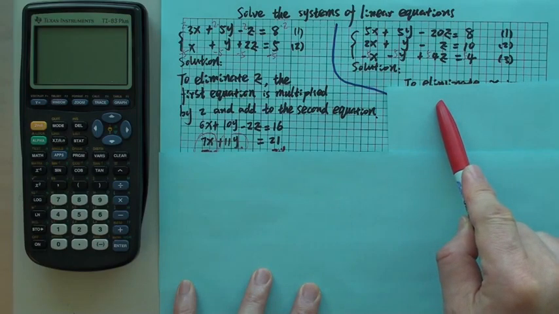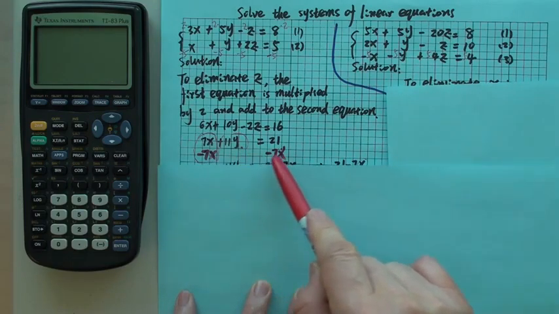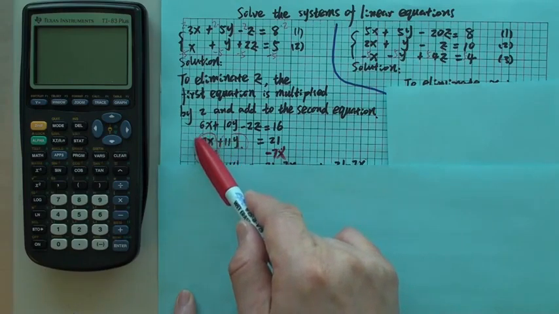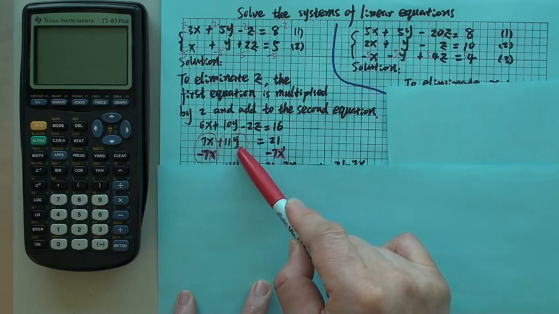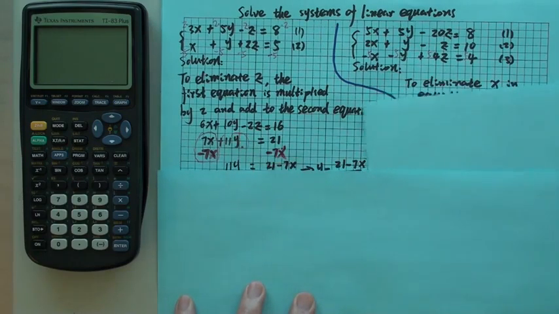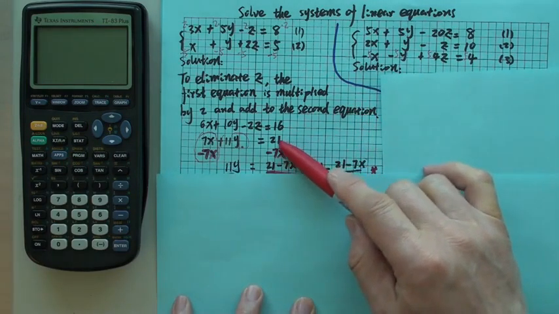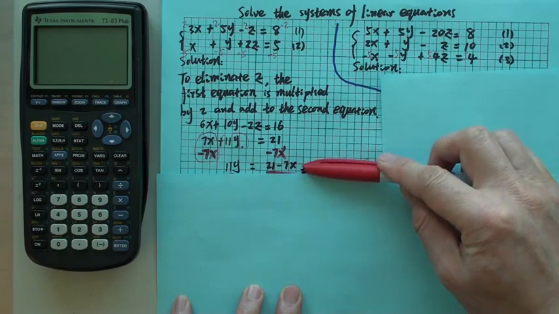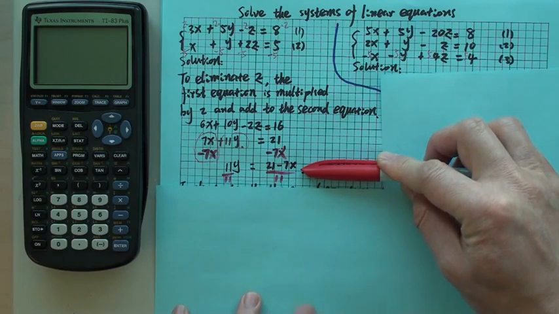So both sides, subtract 7x. In this case, the 7x terms cancel each other, and on the left-hand side we only have 11y left. The right-hand side is 21 minus 7x. Then both sides need to be divided by 11.